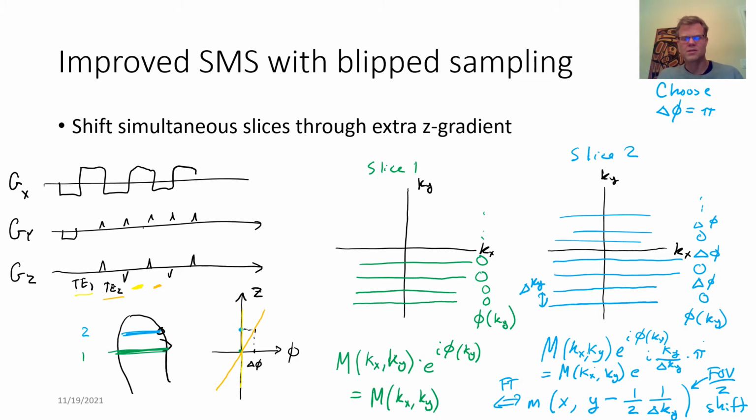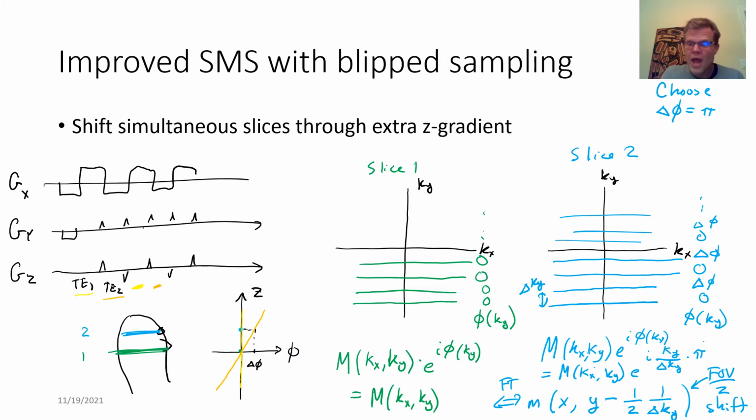In this example, slice 1 at isocenter has no change from this blipped Z gradient, but the slice that is off isocenter gets this oscillating phase pattern every other phase encoding line.